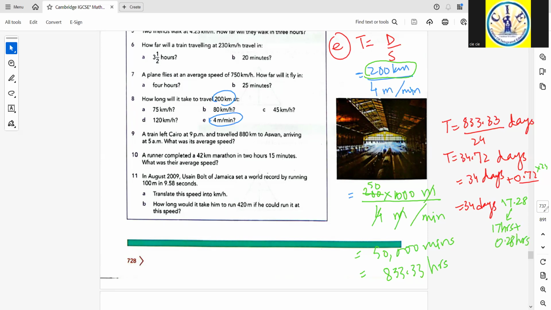Now, again converting 0.28 hours into minutes, we need to multiply it by 60. That is going to be 16.8.